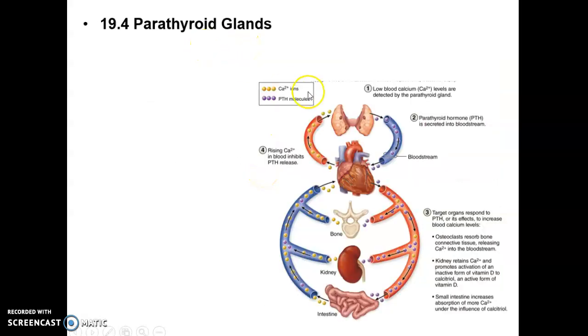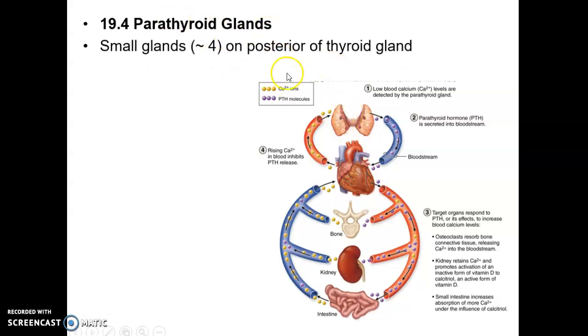Okay? On the posterior aspect of the thyroid gland, there's clusters, little masses of cells that are referred to as the parathyroid gland or glands. So there's small glands, 4 to 6 on the posterior side of the thyroid, so the back side, posterior aspect of the thyroid gland.